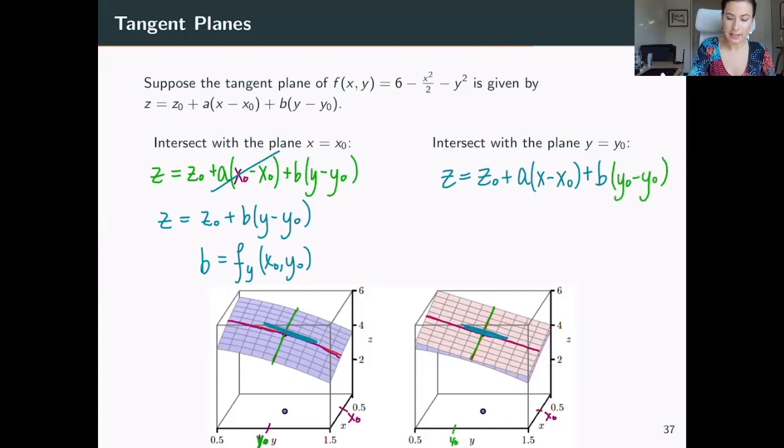And again, this entire term at the end is going to go to 0, which will just leave me with z equal to z naught plus a times x minus x naught. And again, this is a line where my x is changing, my y is fixed.